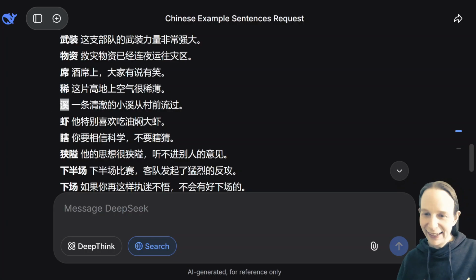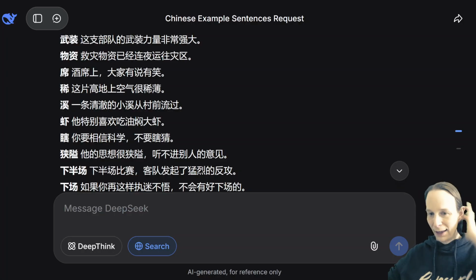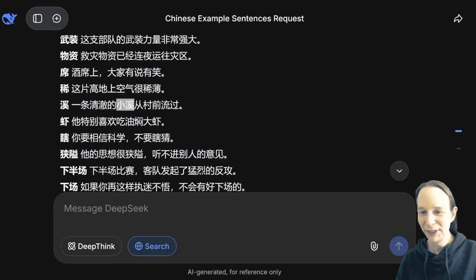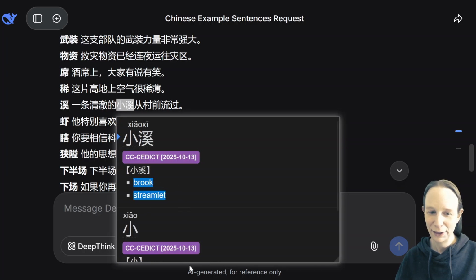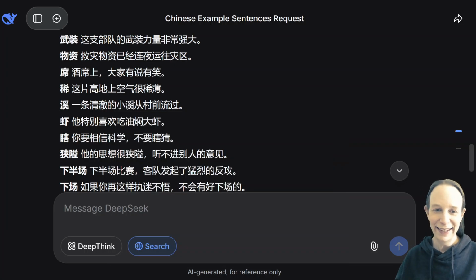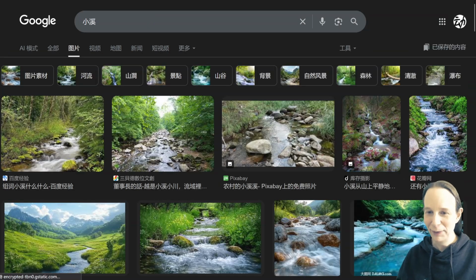This 溪 is going to pertain to water, with the three dots of water radical. It's almost always used in this word in my experience, so that's mostly the only word you need to know. I don't recall any other words. The streamlet, a little stream. Let's just put it in Google image search. You probably know what a streamlet is.